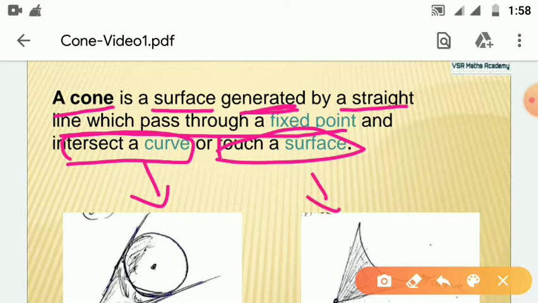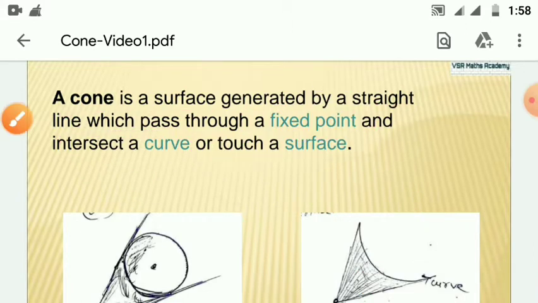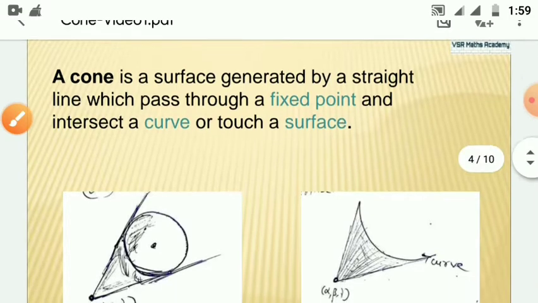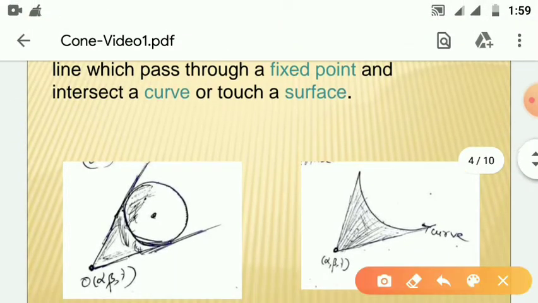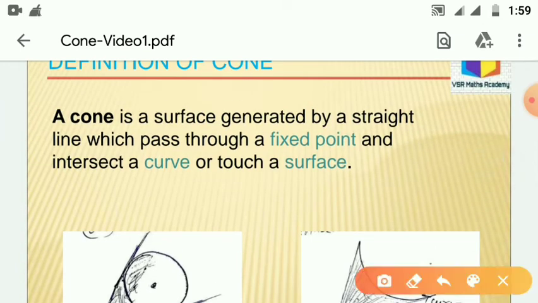This is another case. We have to take a fixed point, and we can take a curve like this or a surface like this. So by two ways a cone is formed. A cone is generated by a straight line passing through a fixed point. One case is by intersecting a curve, and in another case by touching a surface.